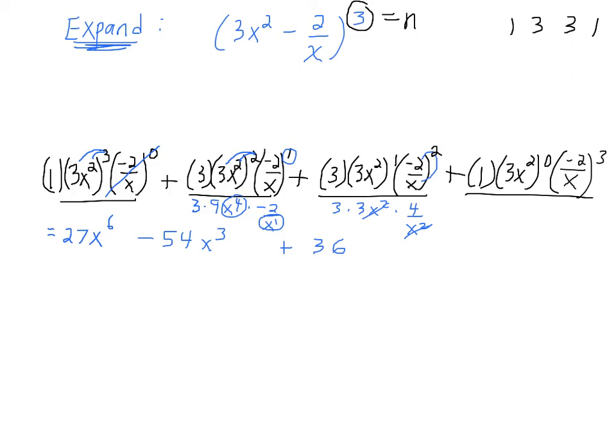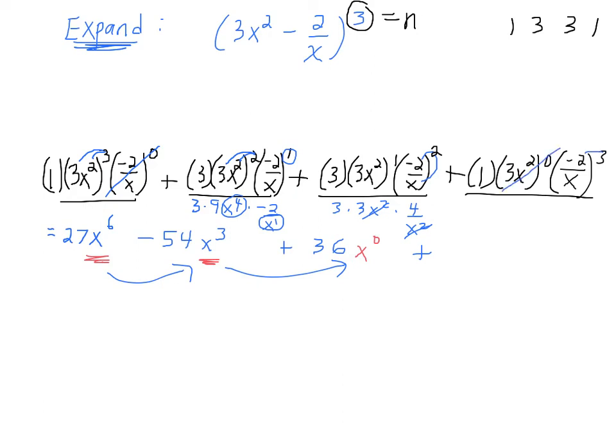Okay? And pay attention here too to the powers of x. Notice how it's going down by 3. Technically you have an x to the 0 here, but we don't have to write that. So we can predict that this next one is going to have an x to the negative 3 because it's going to follow that pattern. So as we look at this, this is raised to the 0, so that's just going to be a 1.